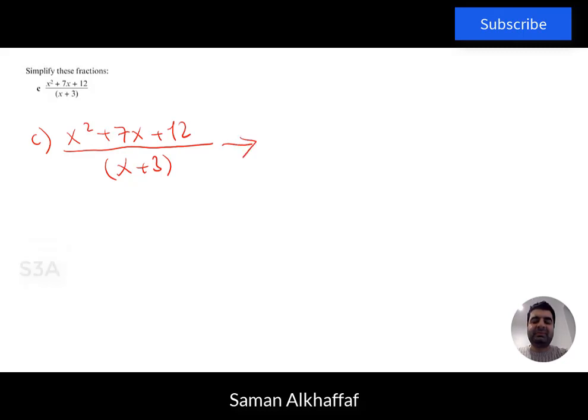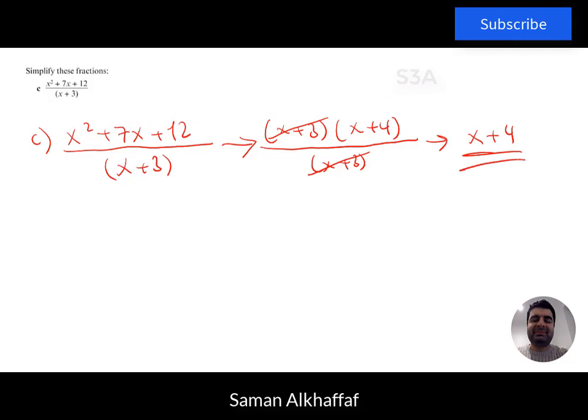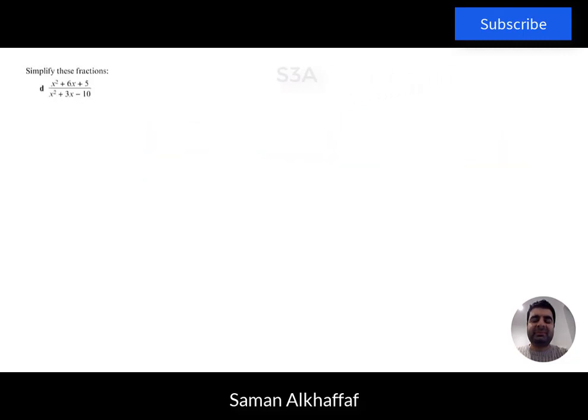So when we factorise, we can get x plus 3 multiplied by x plus 4 in the numerator, divided by x plus 3 in the denominator, and these two can be cancelled, and we will end up with x plus 4 as the answer for this expression.